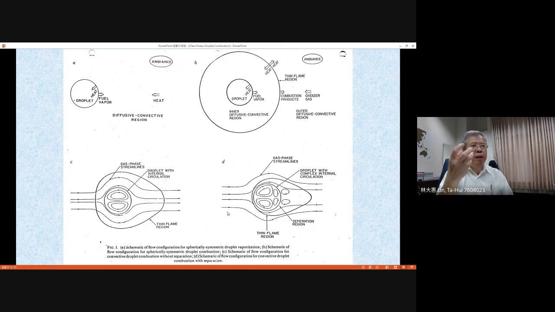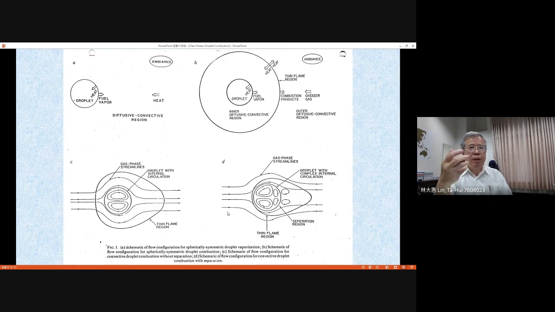Think about a droplet moving in a gaseous stream, or maybe the gas has some flow, and that flow will interact with the moving droplet. Based on their relative velocities, the droplet will experience the flow acting on it, even acting on the flame.